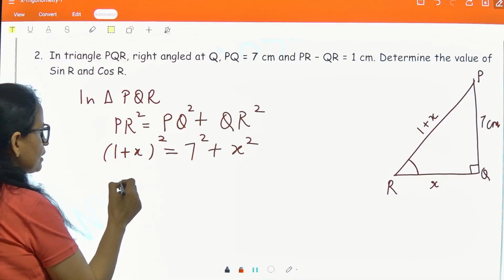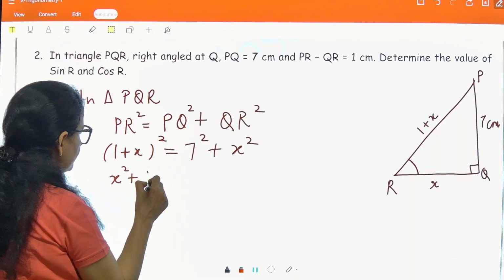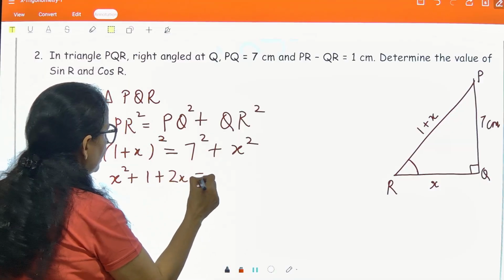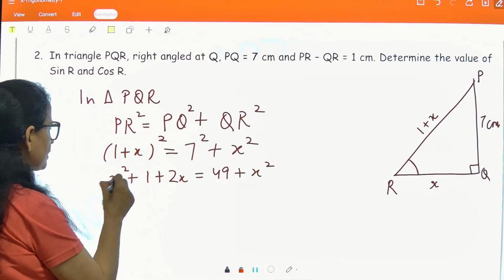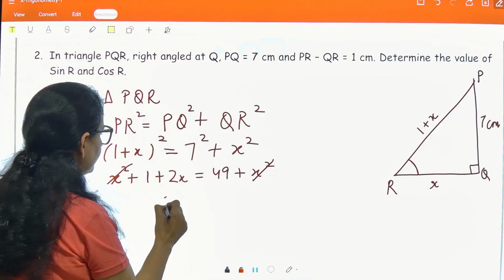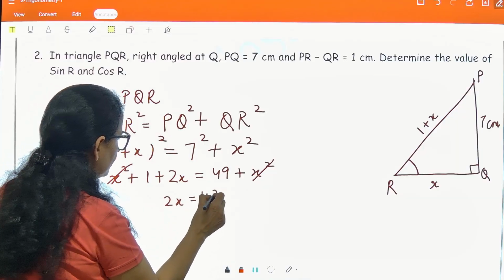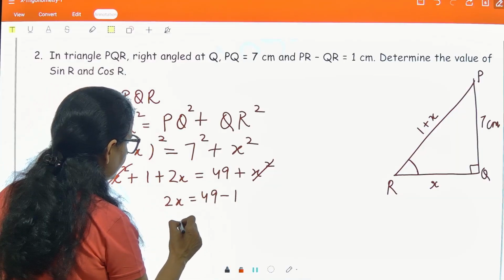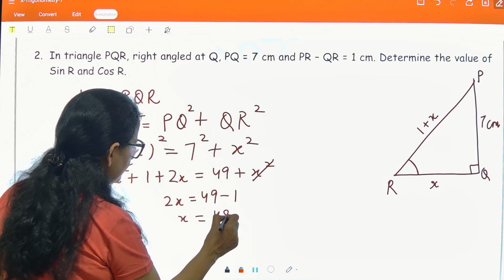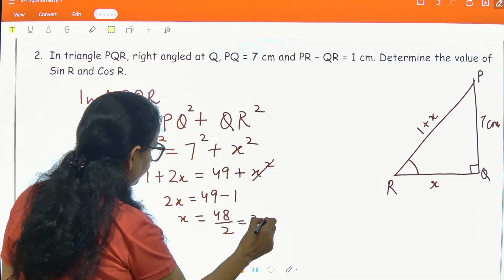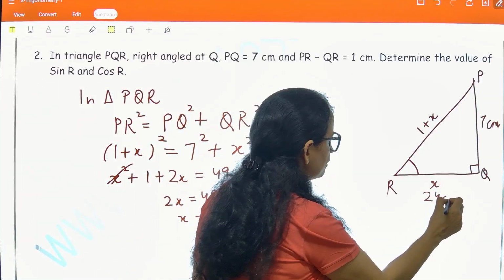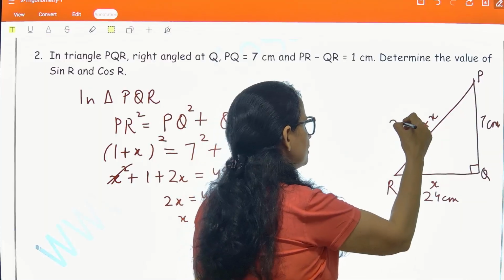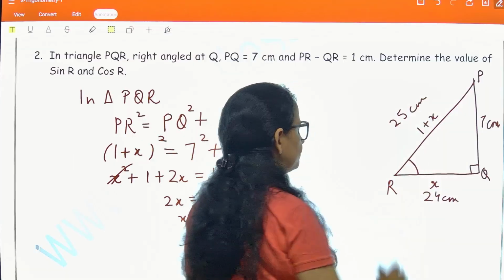A plus B whole square is A square plus B square plus 2AB, and 49 plus x square is there on the right side. X square gets cancelled. So we have 2x equals 49 minus 1, which is 48. That means the value of x is 48 by 2, which is 24. Now we know that the base of this triangle is 24 centimeter. So the hypotenuse is 25 centimeter.